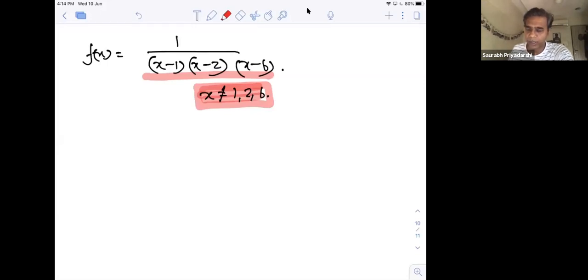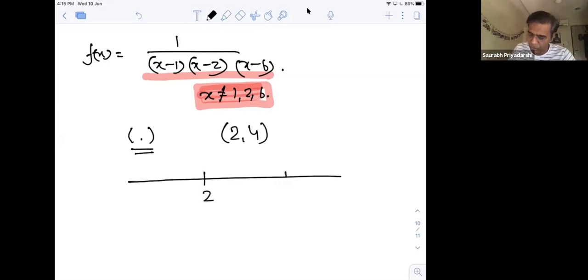Okay, right? Now, the second thing we were studying was the open bracket. Open bracket means, like I'm saying, 2 to 4, the numbers between 2 and 4. This is 2, this is 4. So in between, all the numbers are there, but not including 2, not including 4.